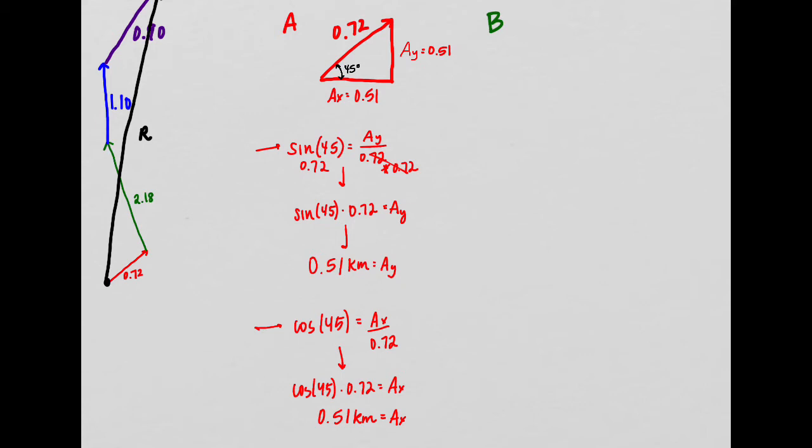Okay, so now we're going to look at B, which looks something like this. And this is 2.18. Another way of looking at this is trying to figure out which way we should draw our vectors here, because someone was asking, how do I know if I draw the vectors like this and like this, or like this and like this?